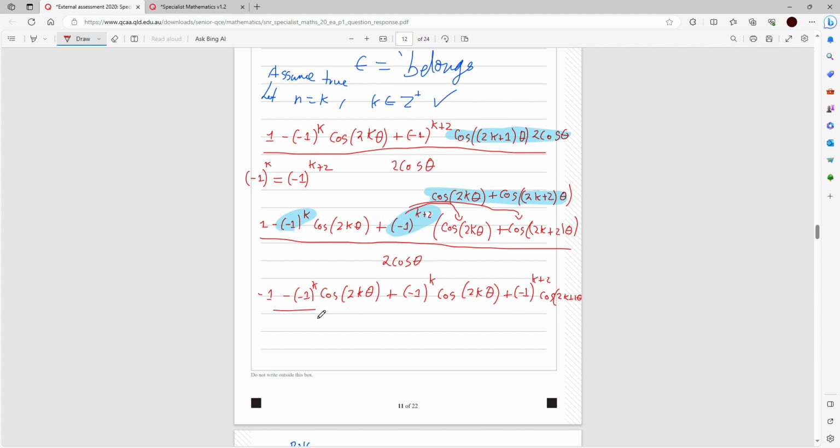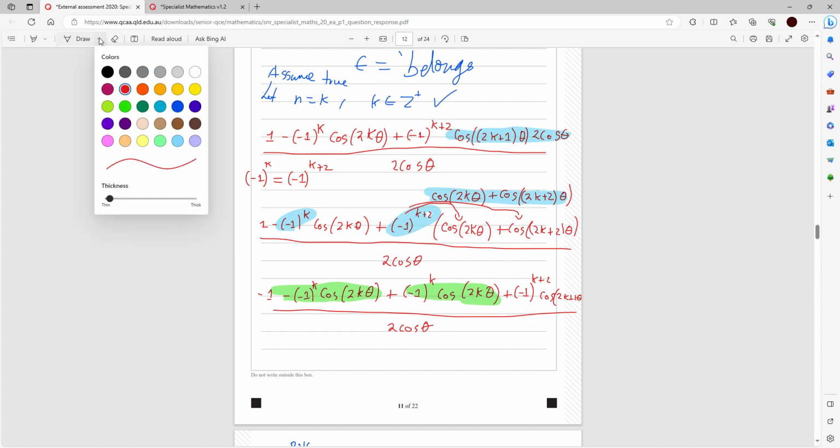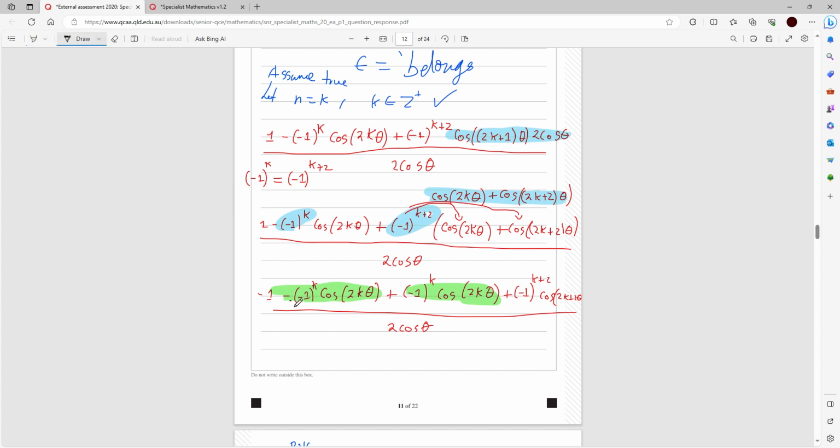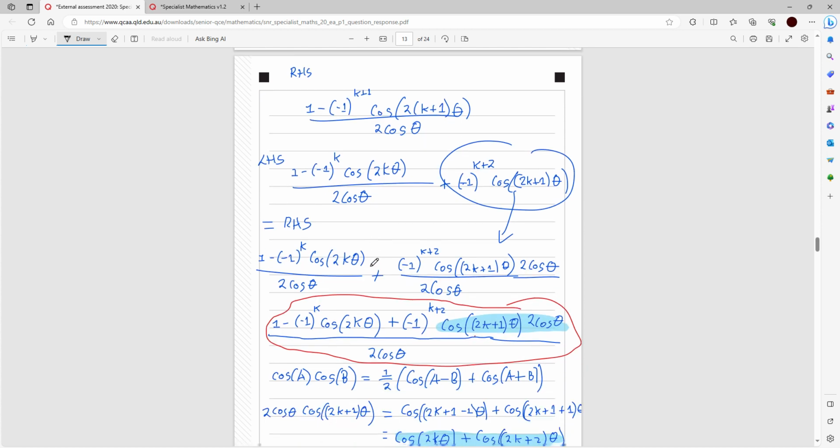Anyway, okay, so the cool thing we can do now is you can see this is just the negative of this term here. So hence they actually just cancel out, so we can just use a black pen and just cross those guys out. So what we're left with is, we're going to leave this bit here, but we're going to start rubbing this stuff out. Okay, so rub that out.